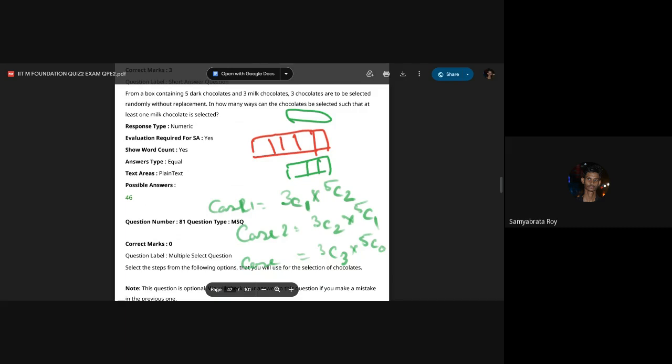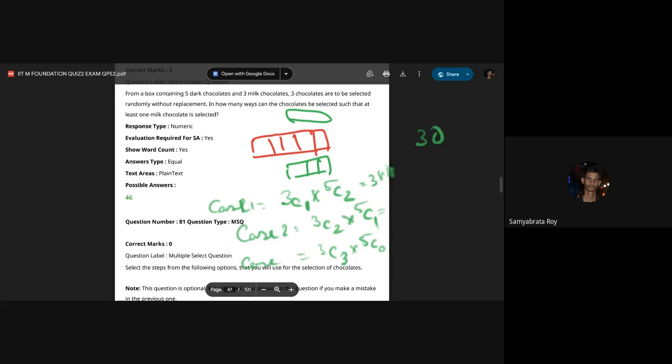Yeah. Now, what is the answer then? What is the value of 3C1? Tell me, anyone. 3C1 is 3. What is 5C2? Nothing but 10. So in this scenario, I have 30 possible ways.